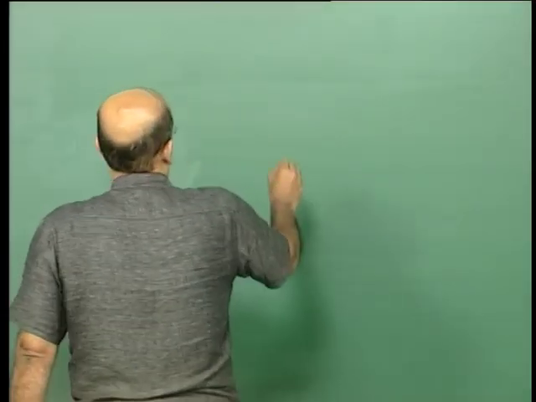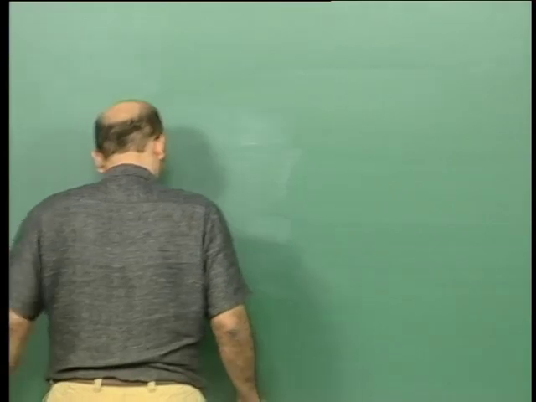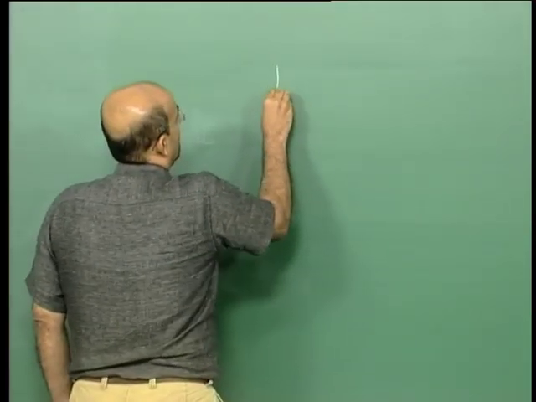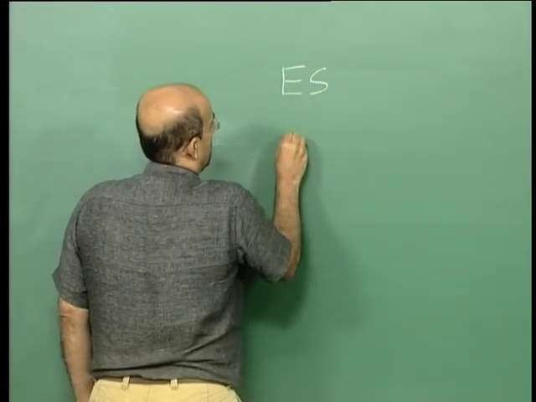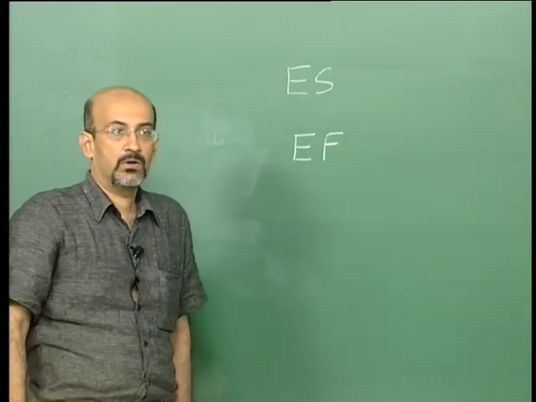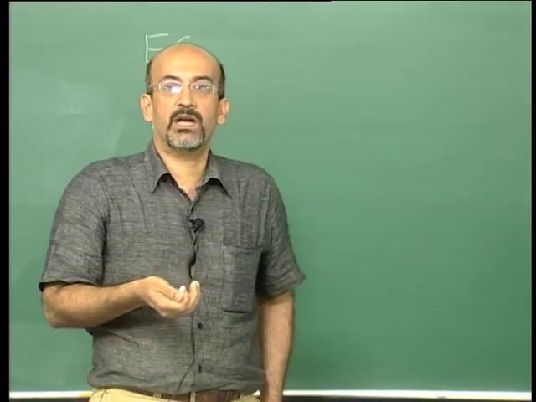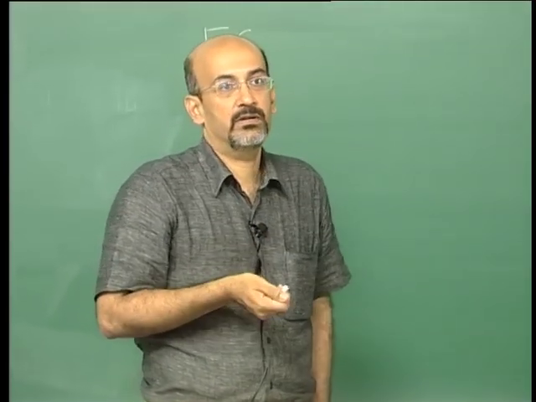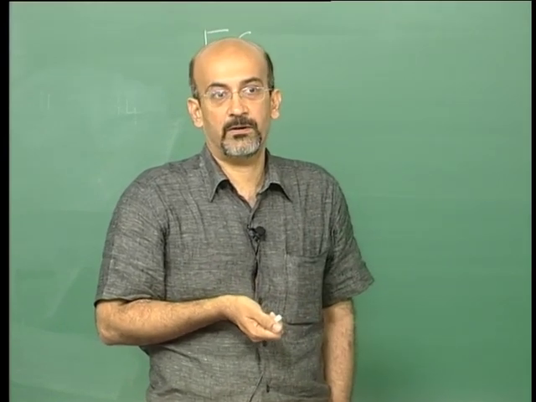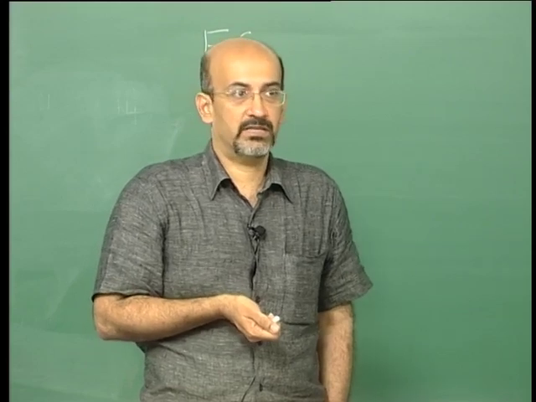So what we did here is a forward pass, and what we calculated was the early times. We calculated the early start and the early finish. If I wanted to come up with some kind of formula, what would my formula for early start and early finish be? Either predecessors or successors.